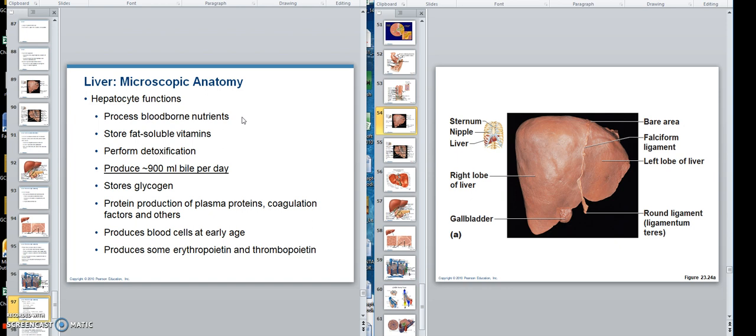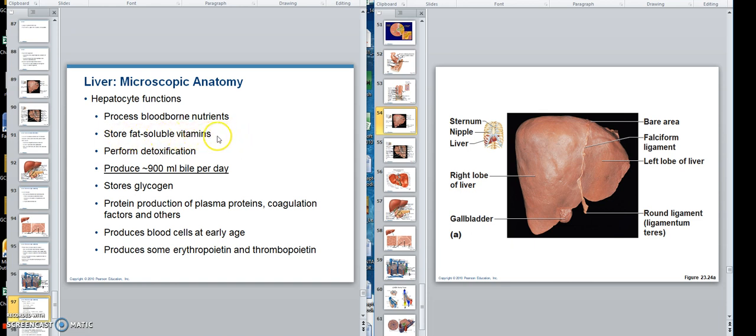So everything that was water soluble. Remember, lipids go through the central lacteal into the lymphatics. So it would process blood-borne nutrients, those coming directly from the intestine and stomach area, going into that liver there.